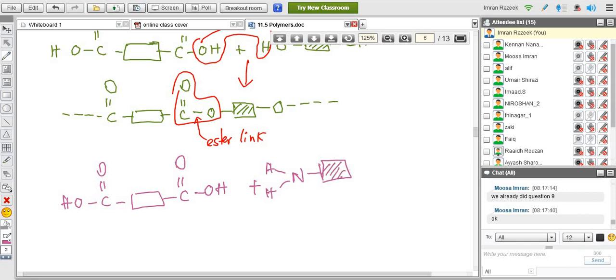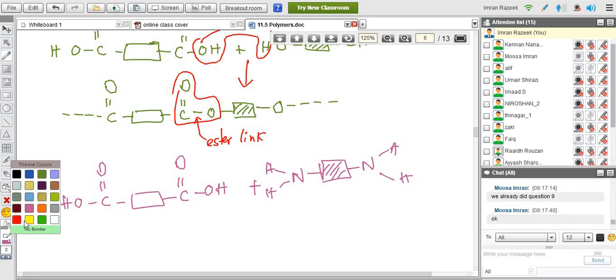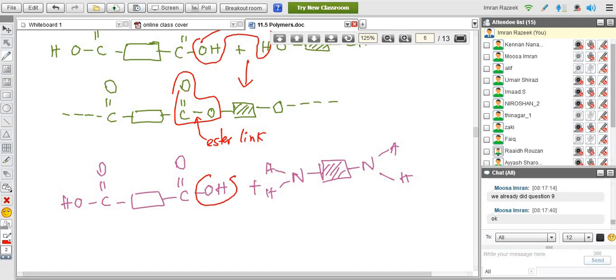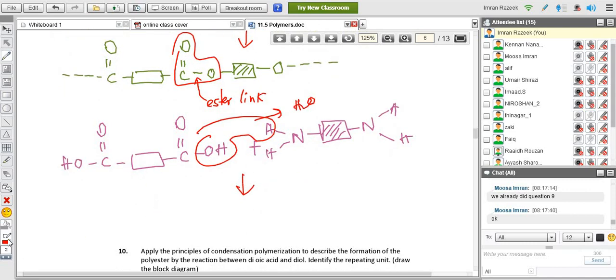So I'm going to color this box and then eliminate a water molecule, same as what you did for the ester. OH from the carboxylic acid, H from the amine, a water molecule is lost, and then you get the final product, in which you see the amide linkage. Let us try to understand how to identify the amide linkage, right? So this continues. I'm going to put dotted lines to show it continues.